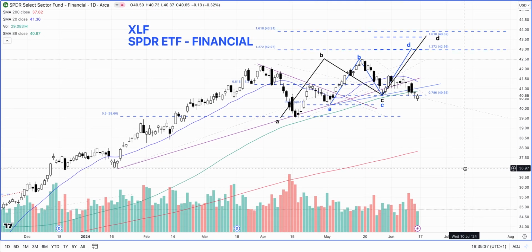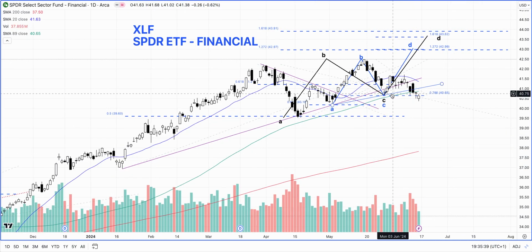On the daily chart, what we can see is that XLF has closed a little bit lower than this point C. We were really looking for the market to go and complete this blue pattern, but that scenario might not take place because the market closed right at this level. Normally I'd like to see two proper closes below this level, which in my opinion hasn't happened. It did go below this level on 13th of June, but closed higher.